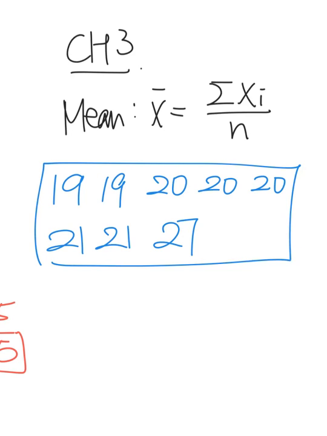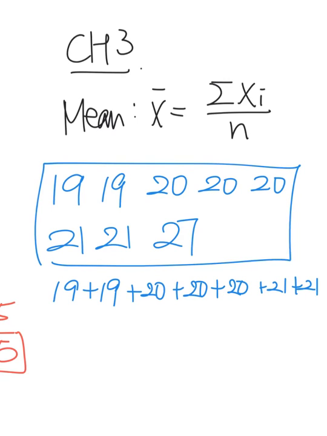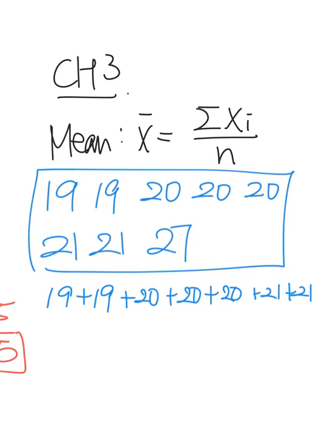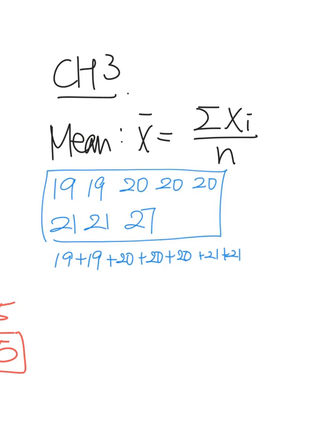So let me try. 19 plus 19 plus 20 plus 20 plus 20 plus 21, 21, and the last one will be 27. Then what? Divided by how many? 8. Thank you.